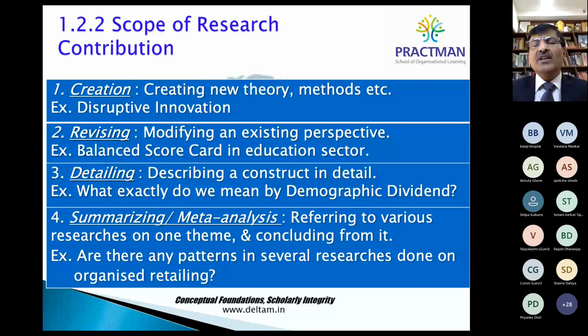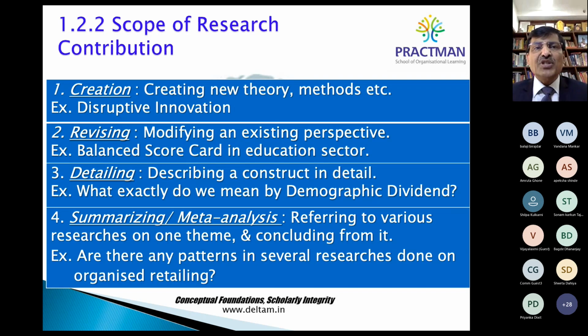But not every research can create something new. Some researches just modify the existing perspectives. For example, there is something called the balanced scorecard. Now, I will not go into details of each and every idea, otherwise we'll take a lot of time. The balanced scorecard is used for assessing performance of companies holistically by looking at various dimensions.